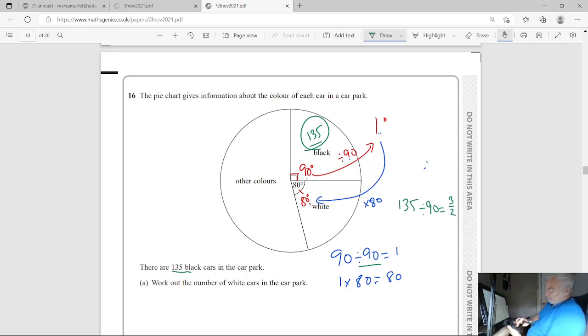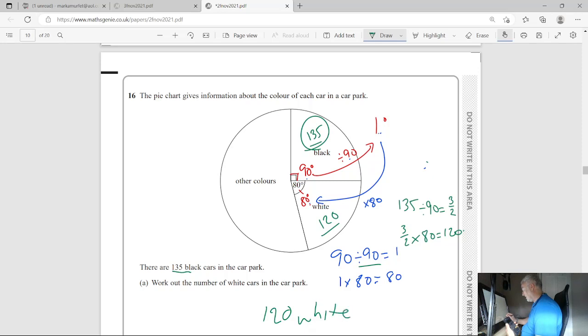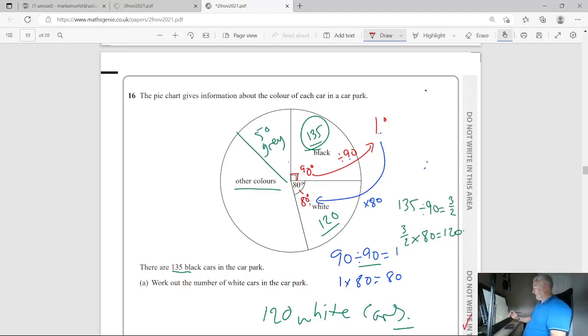And then I'm going to times it by 80, and that's going to give me 120. So there are 120 white cars. We've got the answer to question A.